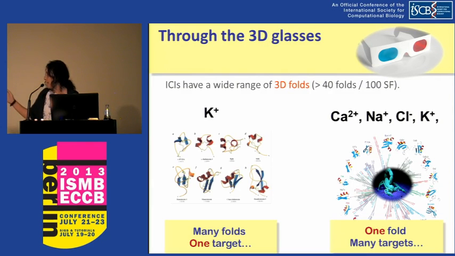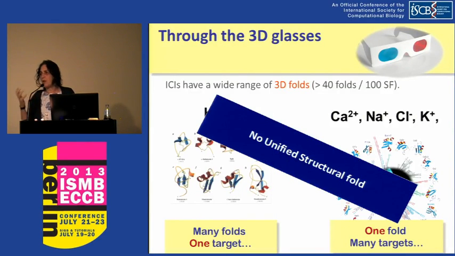But on the right side, you have the opposite situation, in which one fold from this scorpion will hit many, many targets. So this nice connection between targets and folds works differently in this case. So, no unified structural story.